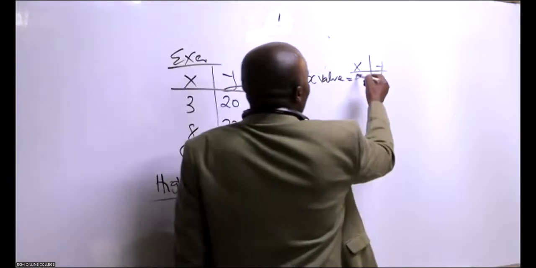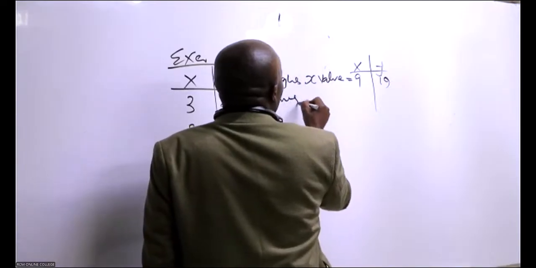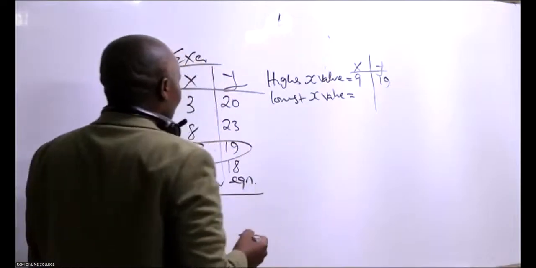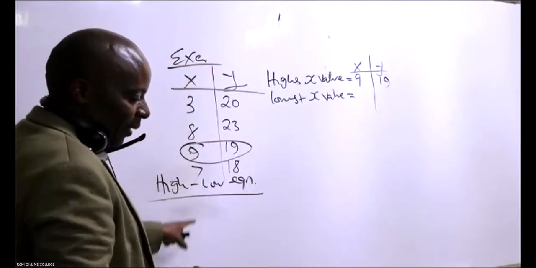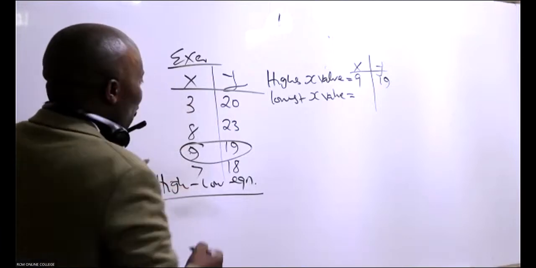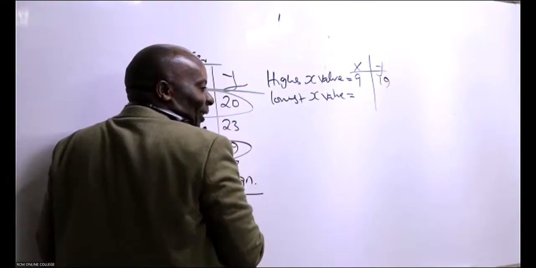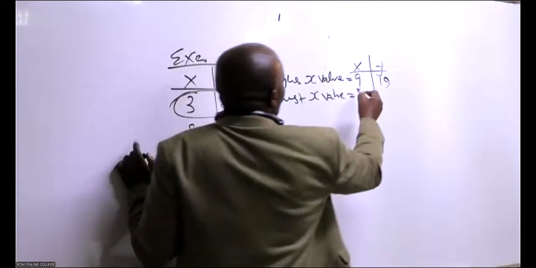So it is 9, and then we have 19 like that. And then now we have the lowest x. We are calling them x value points. So the very lowest is which one here, somebody? So you take the lowest x, which is 3, and the corresponding y. So 3 and 20, isn't it? 3 and 20.